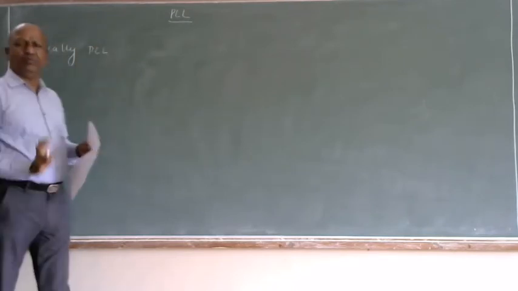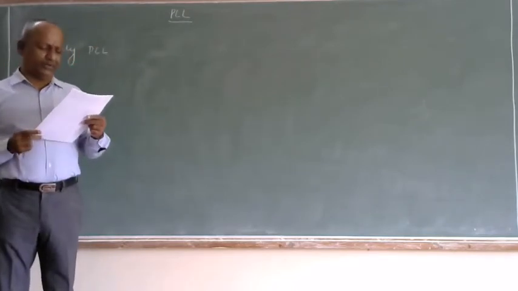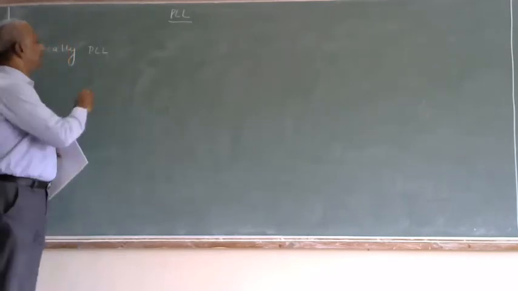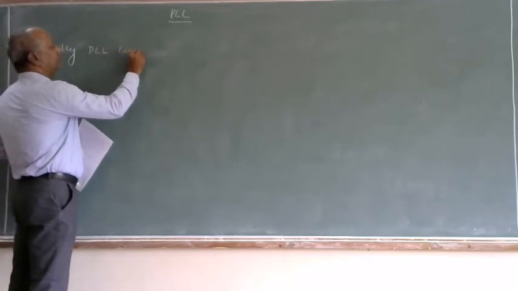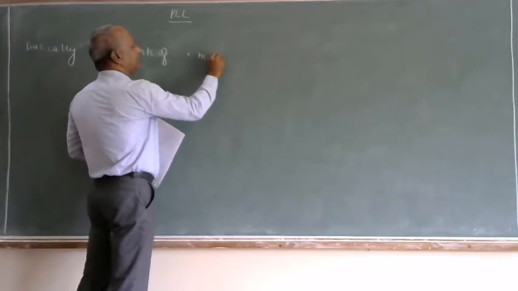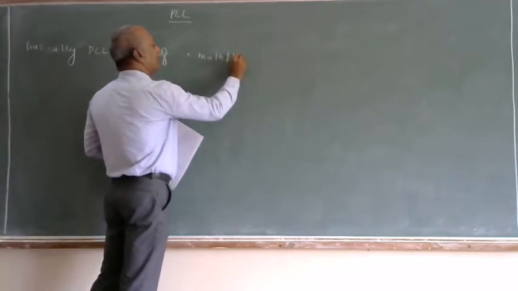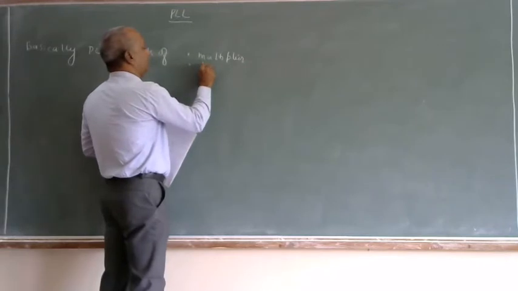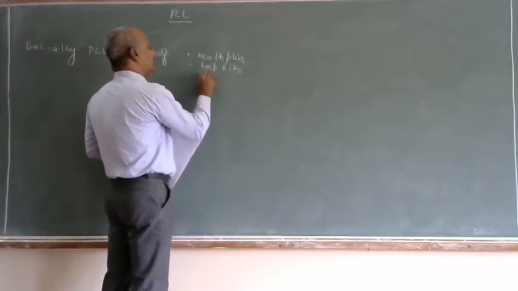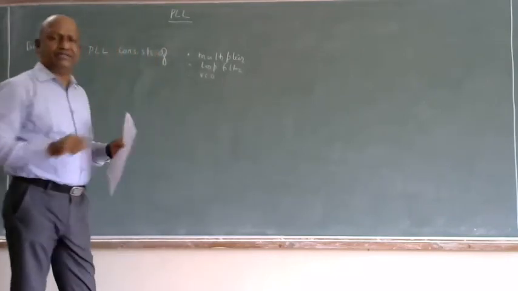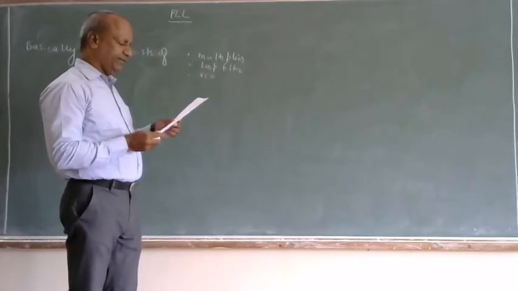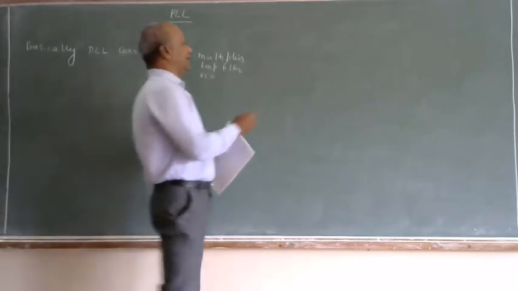Basically PLL consists of three components: a multiplier, a loop filter, and a VCO, connected in a negative feedback system, or in the form of a feedback loop as shown in the diagram.